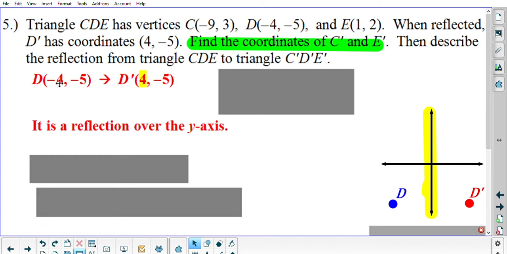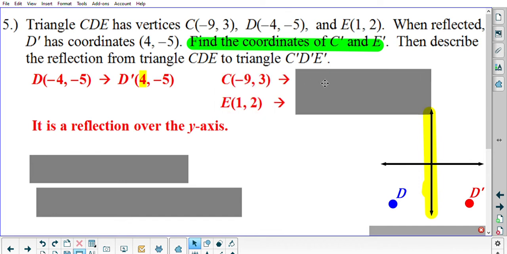So the x coordinate is going from a negative to a positive. It is becoming its opposite, like multiplying by -1, like I said on the very first page of the guided notes. But the y coordinate is staying the same. So I need to do the exact same thing with C to C prime and then E to E prime.